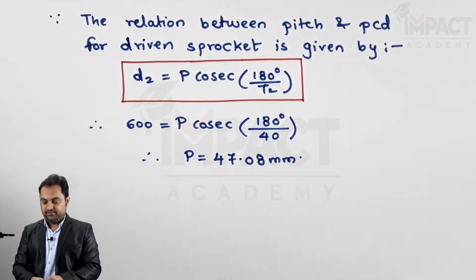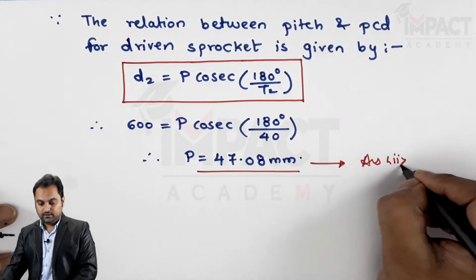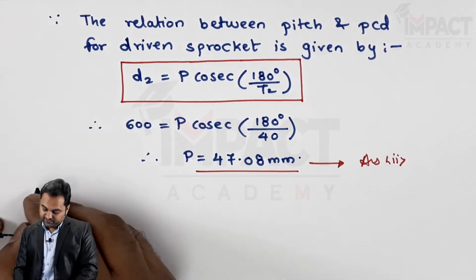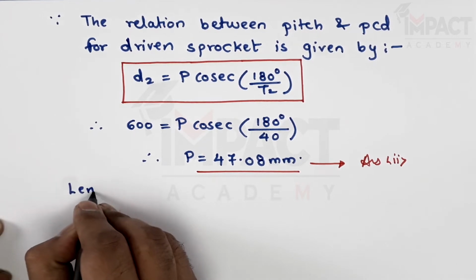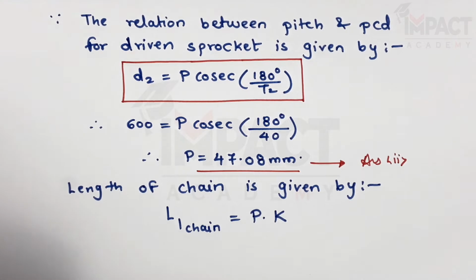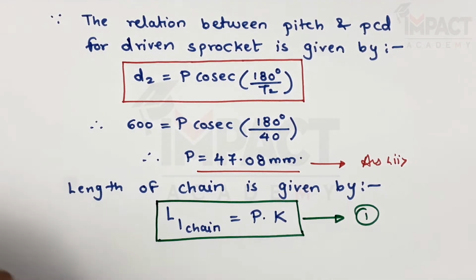That's the second answer. And now we have to calculate the length of chain. For that I'm using the formula that length of chain is given by pitch into K, which is the multiplication factor. I'll be keeping this as the first equation.